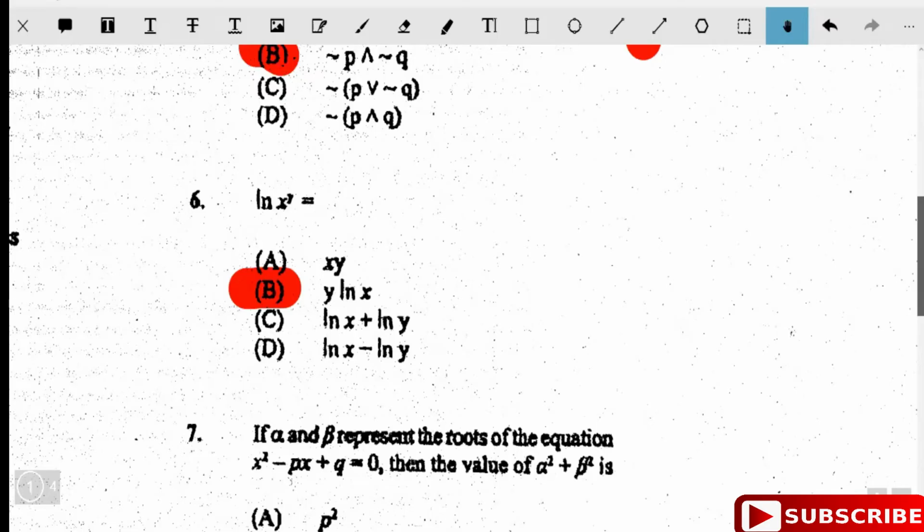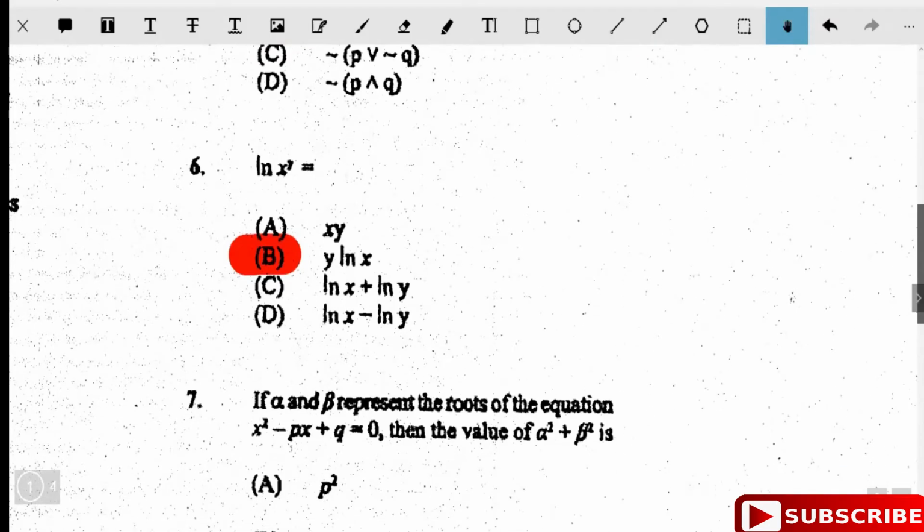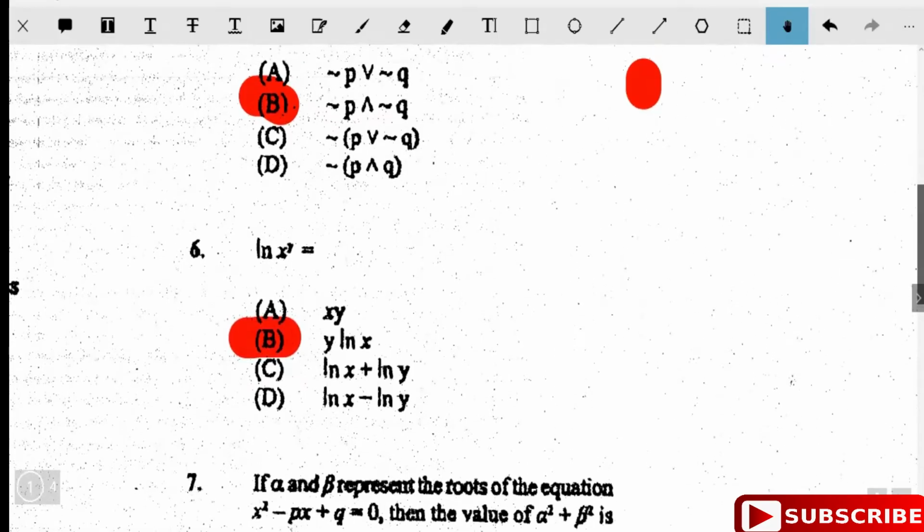Oh no, this came 2007. Sorry, we have looked at 2007. It's a repeat question from 2007. No problem. Yeah, so ln x to the y is just y ln x.